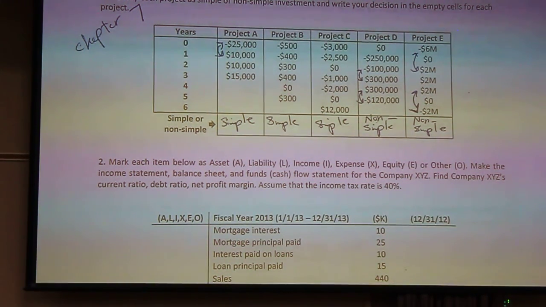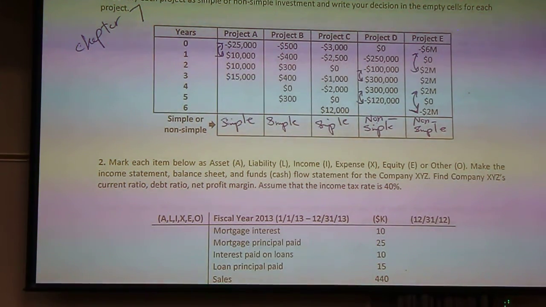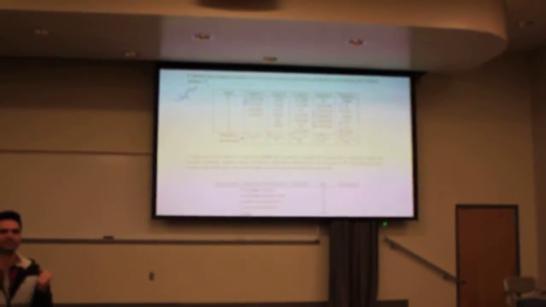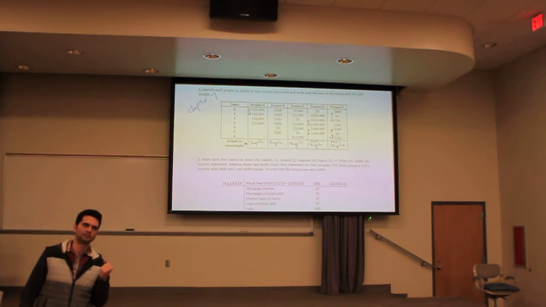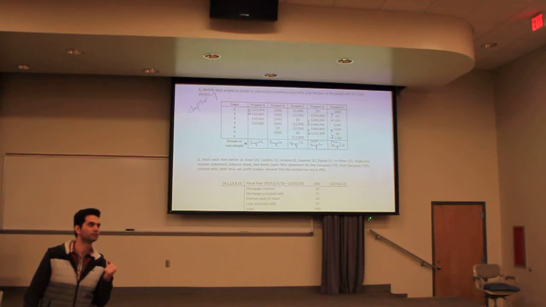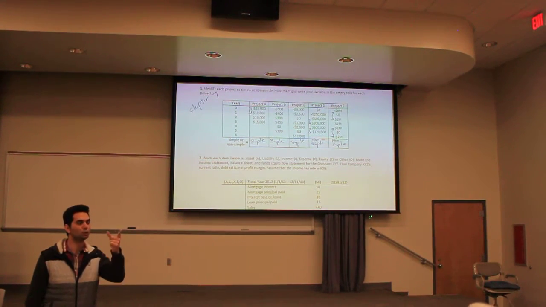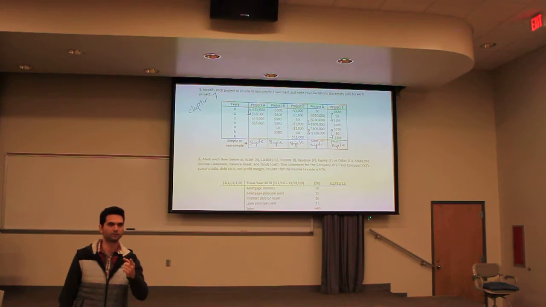So back to my question. What is special about non-simple investments and simple investments? They have something to do with IRR. Simple investments have a unique IRR.